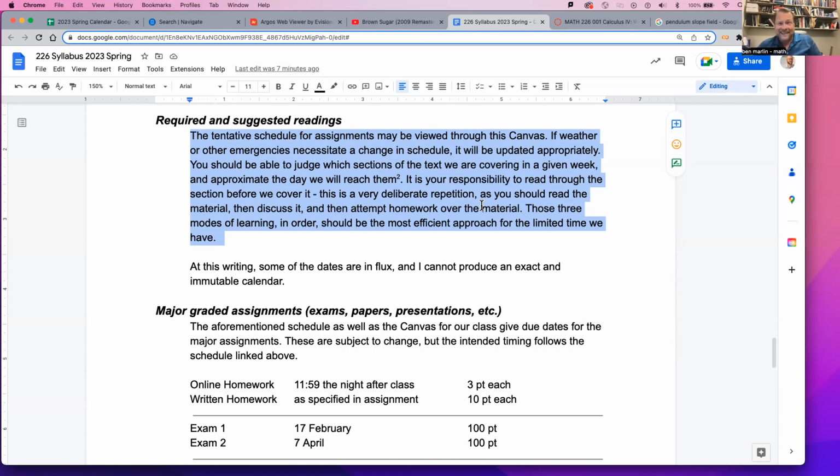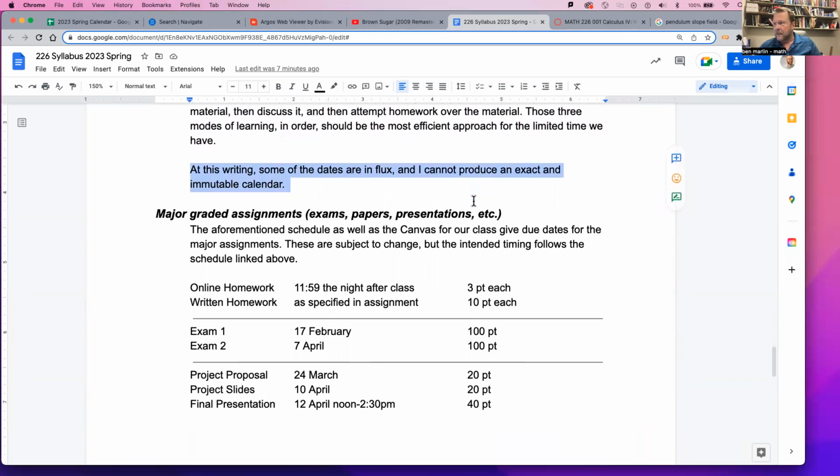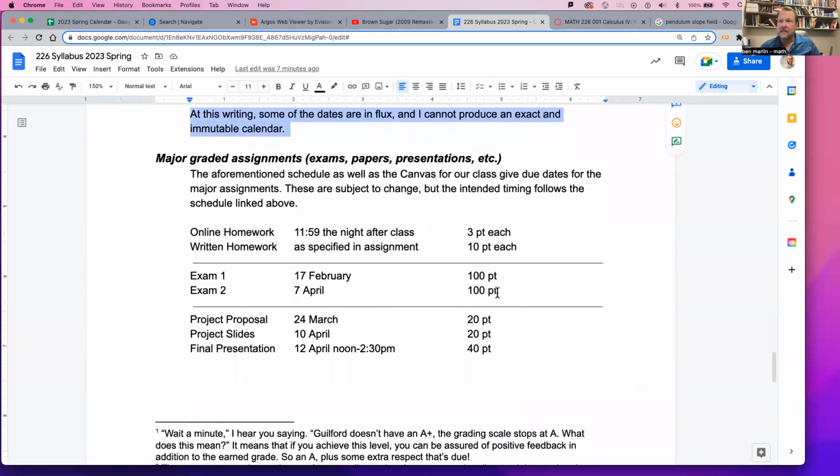I have a schedule written, but as I'm preparing notes for y'all, I'm discovering that my schedule probably needs to be slid around a little bit. So sorry about that. But in any case, some things are in flux and I can't write a calendar that won't change. And some people need something that's immutable, that doesn't change.